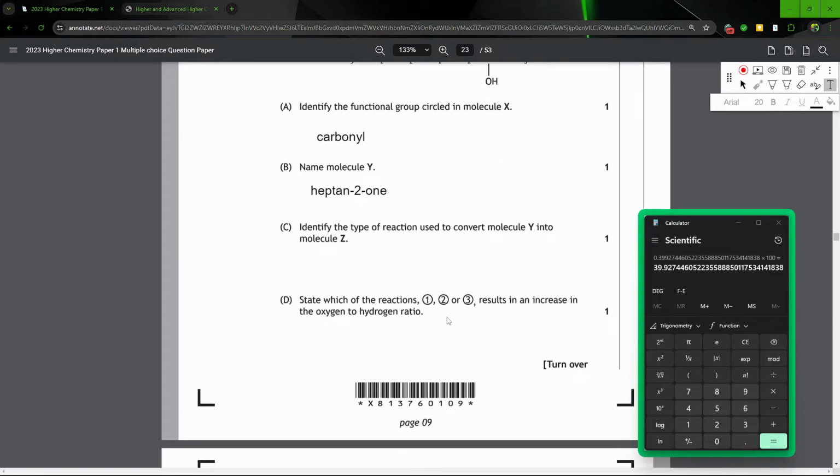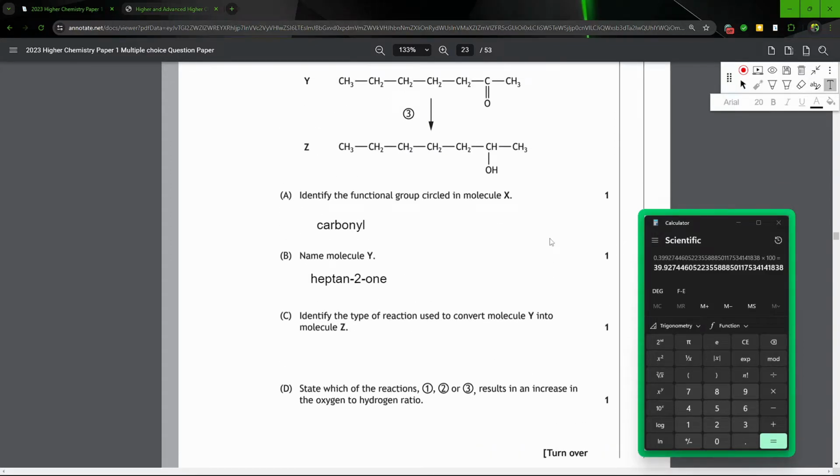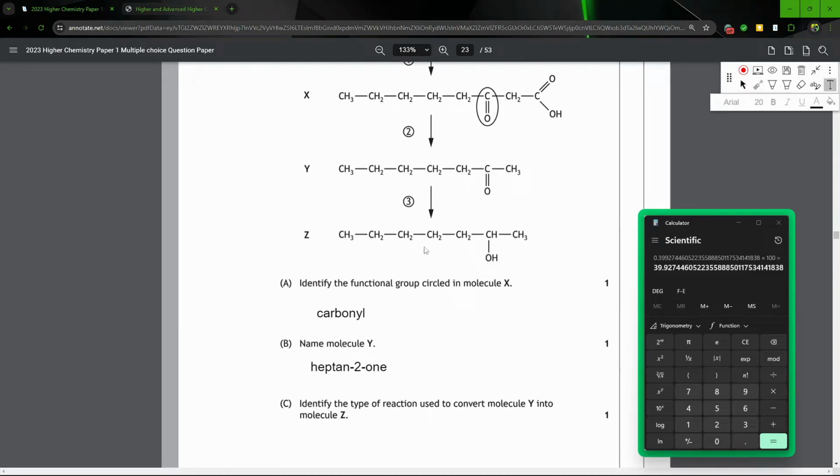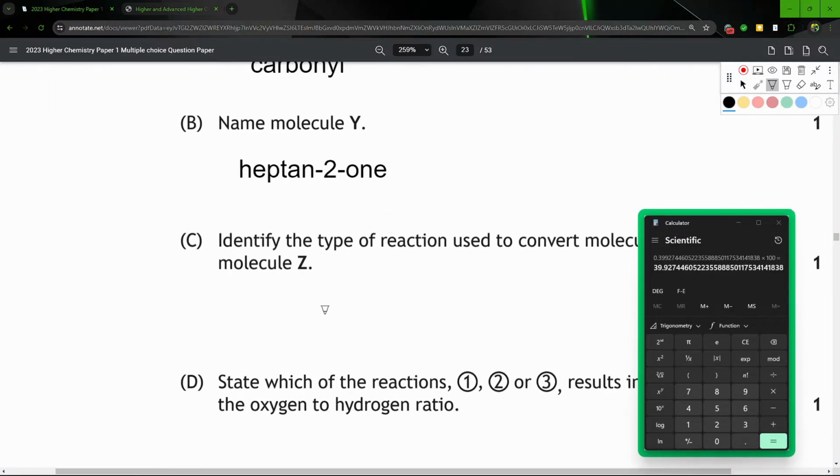Identify the type of reaction used to convert molecule Y into molecule Z. So you can see molecule Y is heptan-2-one, and we're converting it into an alcohol, so it'll be heptan-2-ol. So remember, I said this in the previous videos, if we're oxidizing stuff, we get an alcohol, which I'll represent as an OH group.